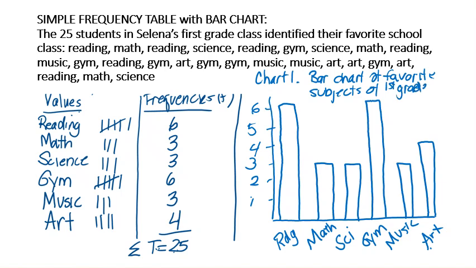I'll just write graders. If we were asked to describe it, we could say that the greatest number of students had gym and reading as their favorite subjects. Equal proportions had each. That art was next, and that equal numbers of students preferred math, science, and music.